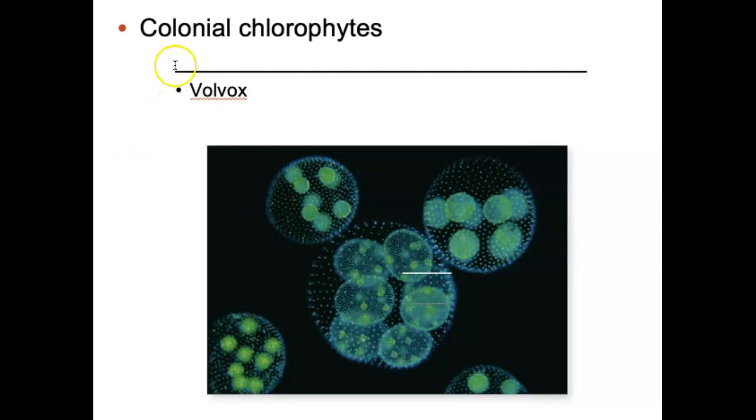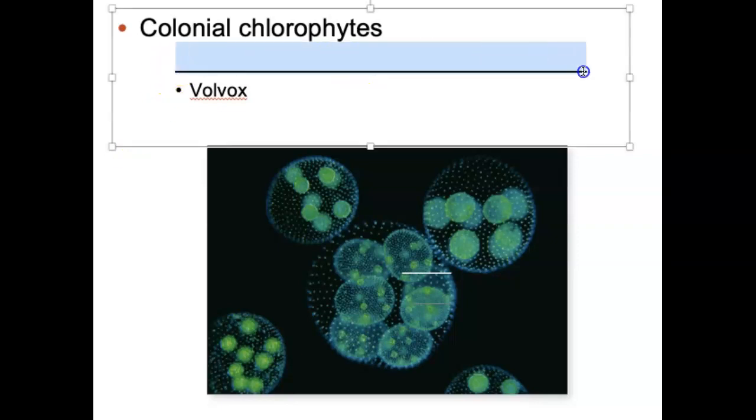So, colonial chlorophytes are evolutionary bridges to multicellular organisms. Colonial means you all group together, everybody's kind of hanging out, but you're still independent. Bacteria are colonial organisms.